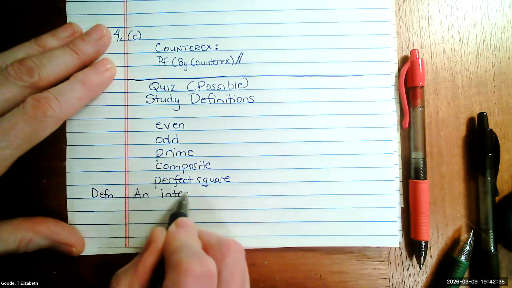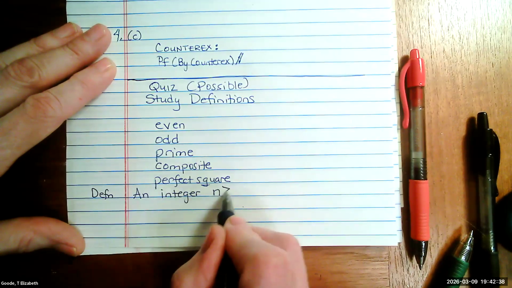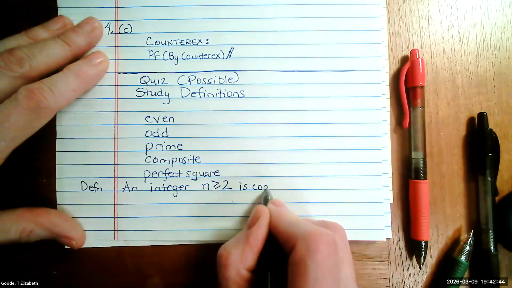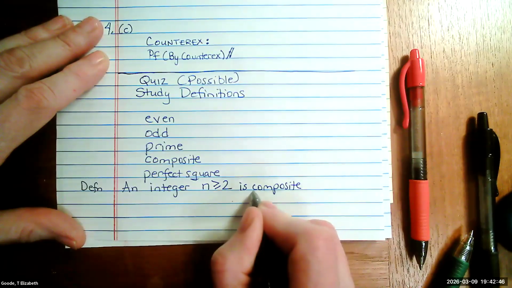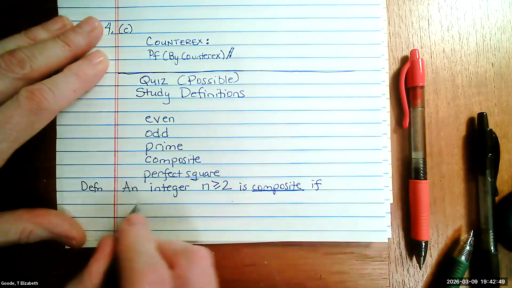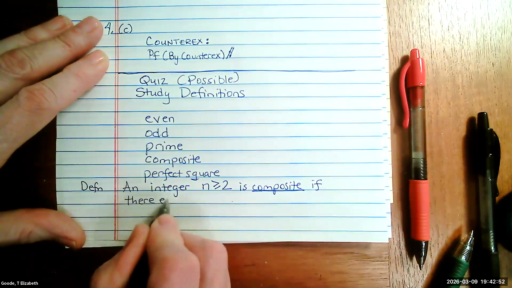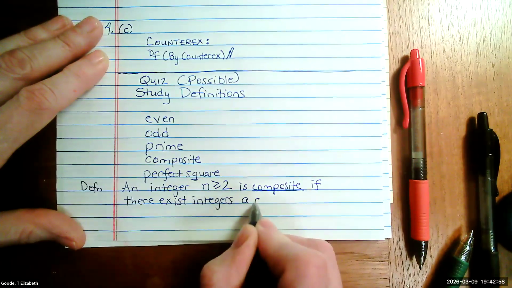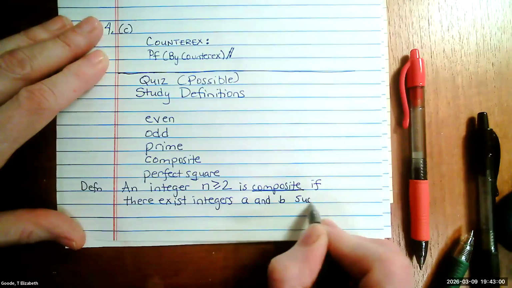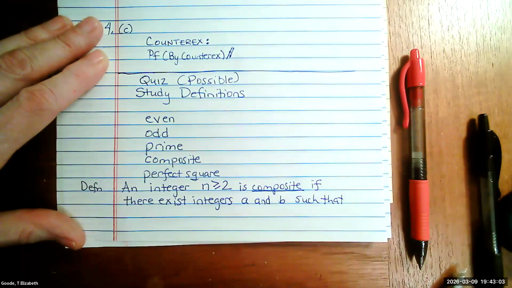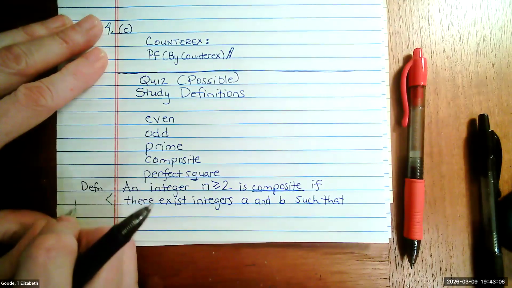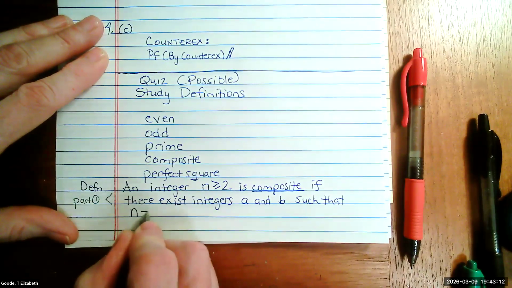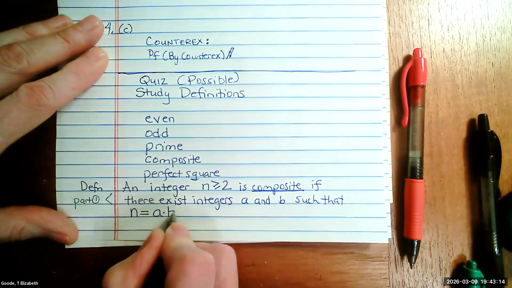An integer n greater than or equal to 2, so it has to be at least 2, is composite if there exist integers a and b such that, so that's part one, we have integers a and b, such that n is equal to a times b.